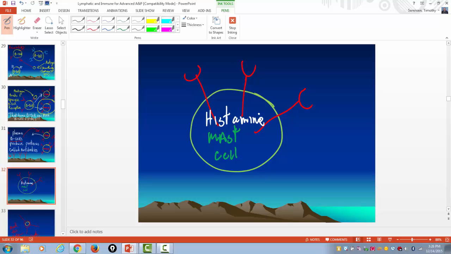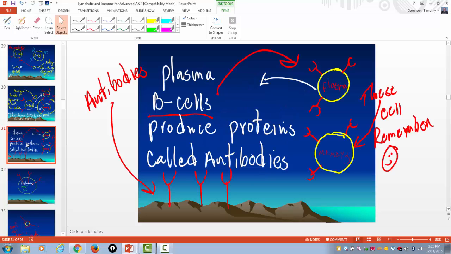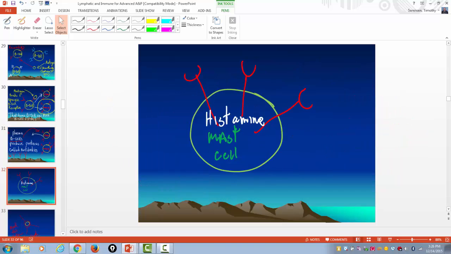So the difference between someone who has an allergy and someone who doesn't: when someone doesn't have an allergy, the plasma cells produce the antibodies, the antibodies circulate in the blood, and they bind the antigen or pathogen, and then it's marked for death. In people with allergies, when the plasma cells produce the antibodies, they bind themselves to mast cells.